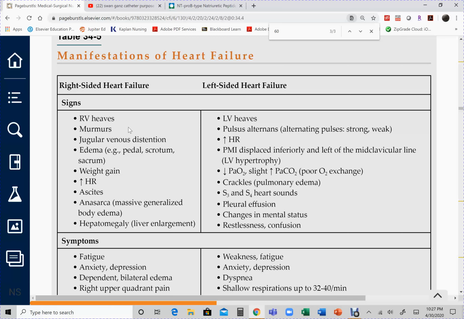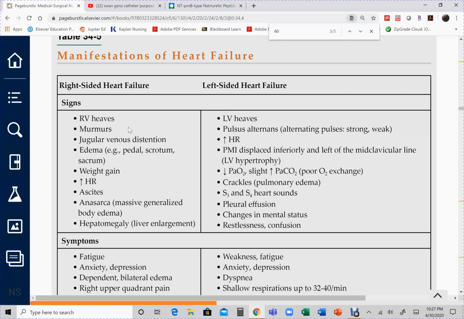Heaves is described as a thrill, like a vibration. If you feel this patient's chest, you will feel the thrill or the vibration with each heartbeat. Okay, that's what heaves means.